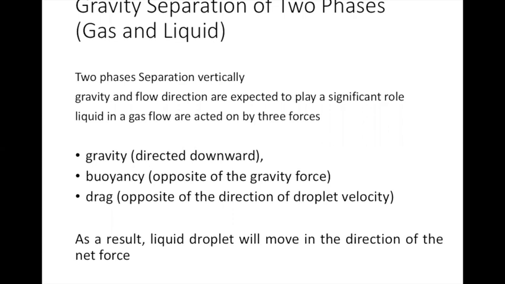So particularly there are three forces acting, that is gravity, buoyancy and drag, right? And from this force balance we'll be able to find out the terminal velocity of the gas. So our objective of understanding these forces is that we should be able to find out the terminal velocity. Once you are able to find it, we'll see how it is important.